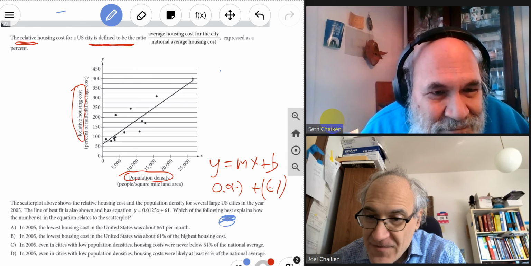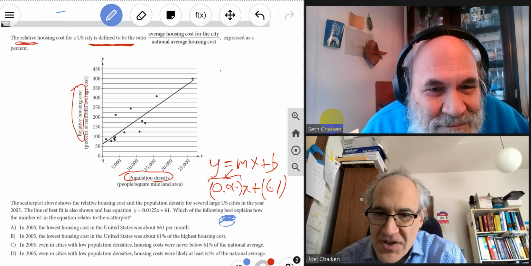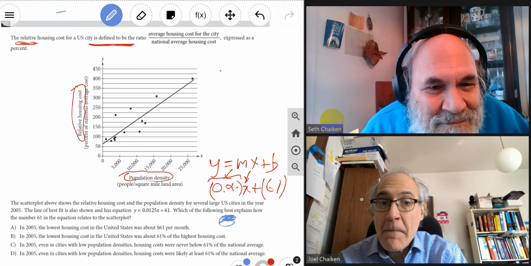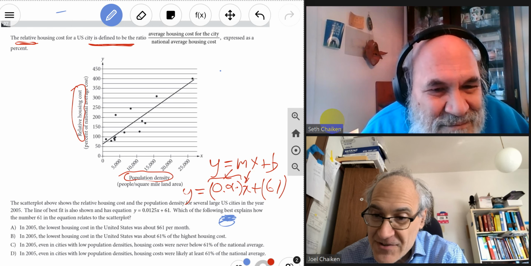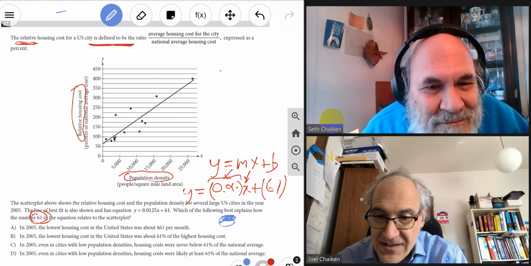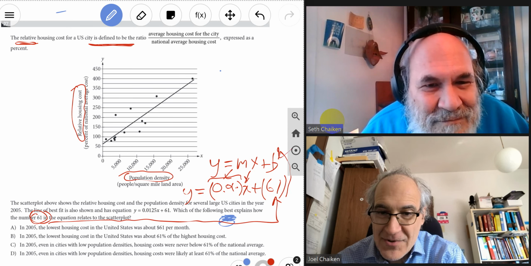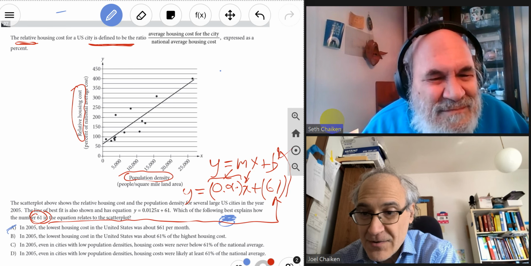In 2005, even in cities with low population densities, housing costs were never below 61% of the national average. Looking good. In 2005, even in cities with low population density, housing costs were likely at least 61% of the national average. Okay, so I think it's pretty clear that we could throw those first two out.